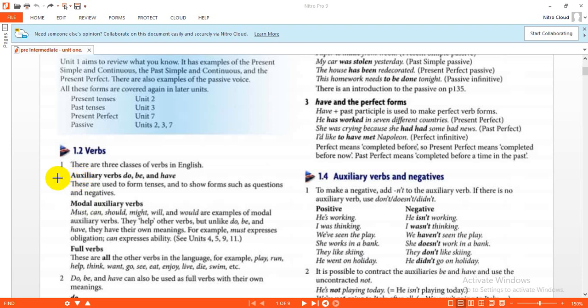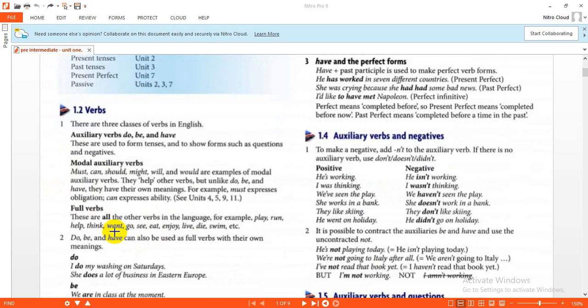إذا الآن لدينا أفعال مساعدة اللي هي do, be and have، والـ modal auxiliary الأفعال المساعدة المشروطة. الـ full verbs: there are all the other verbs in the language. For example, play, run, help, think, want, go, see, eat, enjoy, live, die, swim إلى آخره.